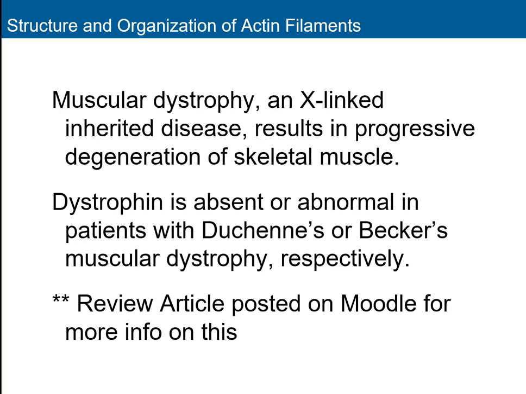If you have a dysfunction of just one of them, it leads to a very serious disease like muscular dystrophy. If dystrophin is totally absent, you have a more serious form of muscular dystrophy called Duchenne. If it's just abnormal and maybe has most of its function, it's muscular dystrophy called Becker's. That can be a little more or a little less severe. Just a tie-in and a reminder of why it's important to identify these proteins and to study them.